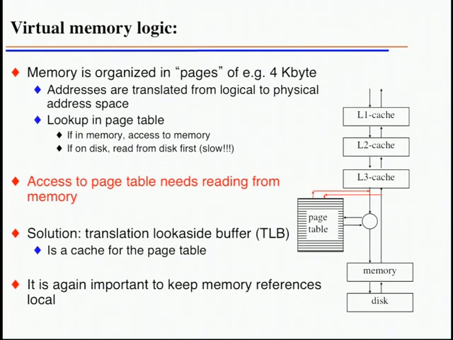So again, it's important to have these memory references as close together, as local as possible, because then you will have fewer entries in the page table, and by reusing the same entries, you can reuse the parts that are still in this translation look-aside buffer.